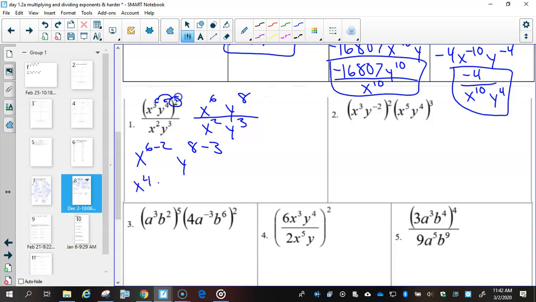X to the 4th, y to the 5th. These will simplify and get some simpler answer. Do we have any questions on that one?